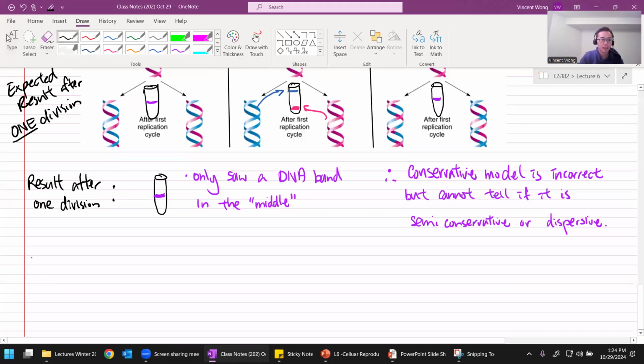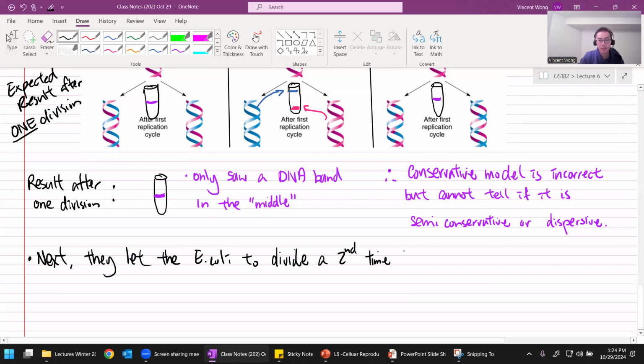So next, they let the E. coli grow and divide a second time before extracting the DNA.